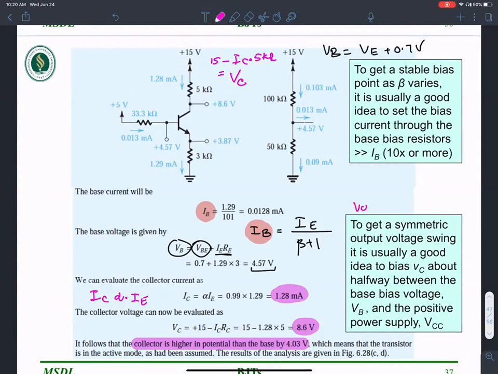That way, when you're amplifying your signal and you get a big swing on the upside, you're not saturating at the power supplies. You want to choose your operating point such that there is enough voltage headroom.